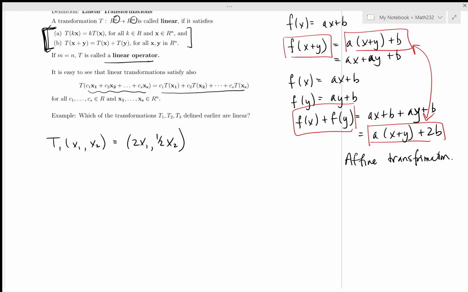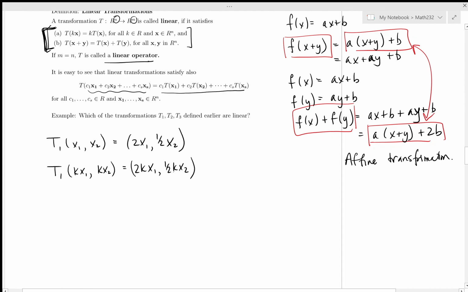Okay, so then what we can do is, if we want to check for the linearity, we have here T1 of x. We know what it does. And then we would check T1 of kx1, kx2. We would compute that. That would be 2kx1 plus 1 half kx2. Then, is that equal to k times T1 of x?